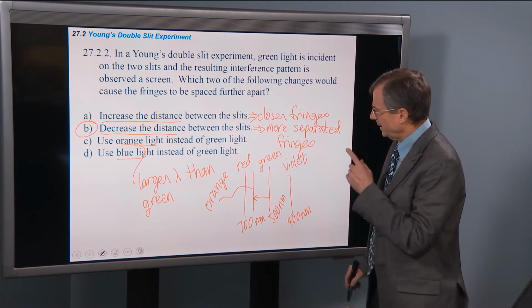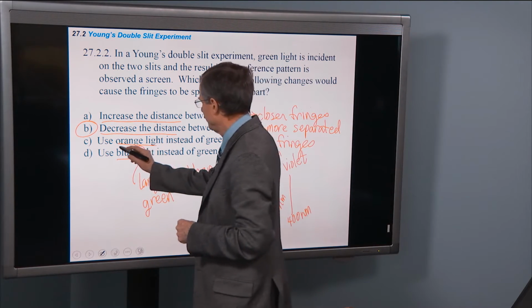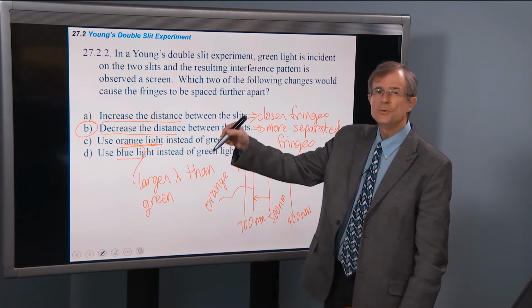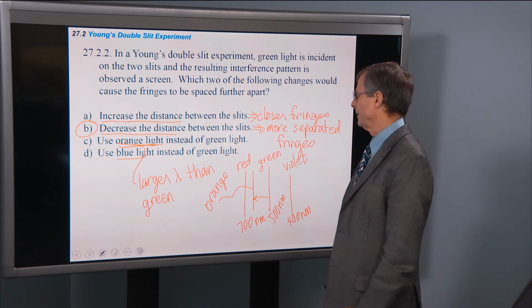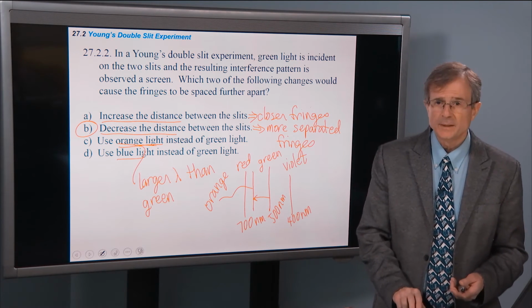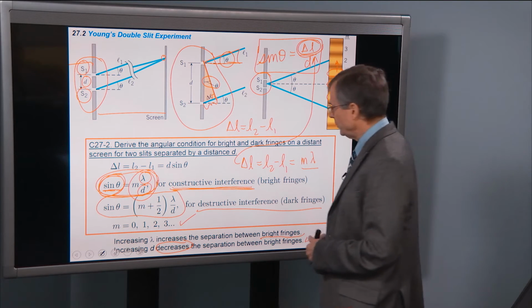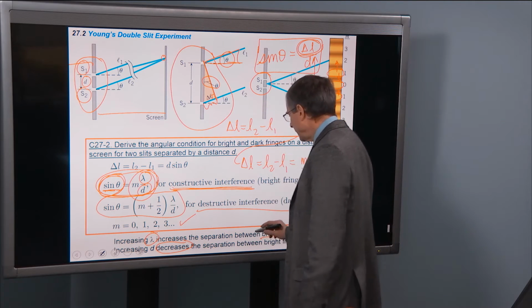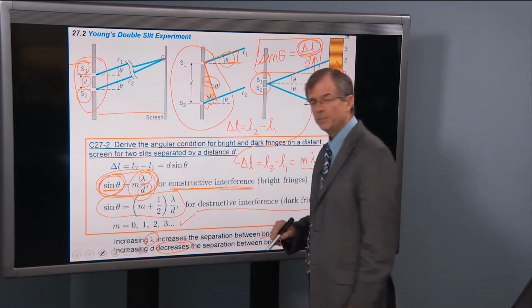So if we increase the wavelength going from green to orange, then what happens? Well, back to here, if we increase the wavelength, that's exactly this case here, it will increase the separation between the bright fringes.